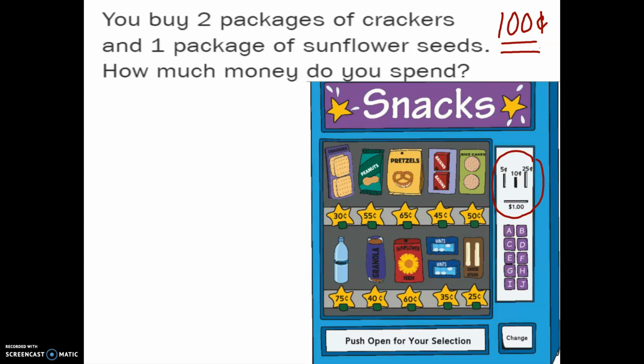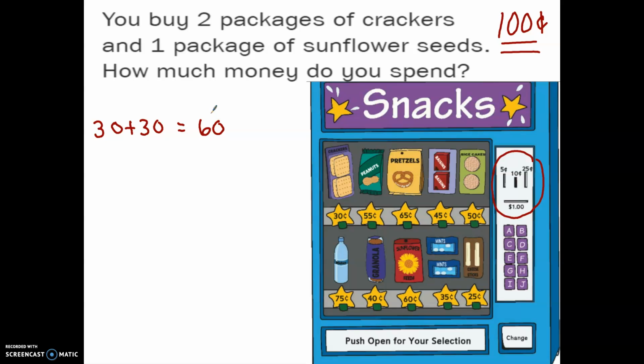But let's see how we can figure that out with some number sentences. So if I buy 2 packs of crackers, remember, there are things that we have to do in 2 steps or more in order to solve some problems. So if I have 2 numbers that are the same, I could do 30 plus 30 because that's the crackers, and that equals 60.